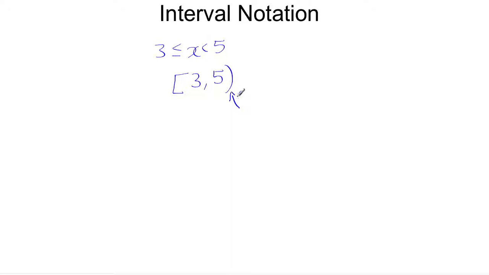This parenthesis means that the 5 is not in the set. So it means it goes up to 4.9, 4.999, 4.99999, but never 5. Whereas this bracket means that 3 is in the set.